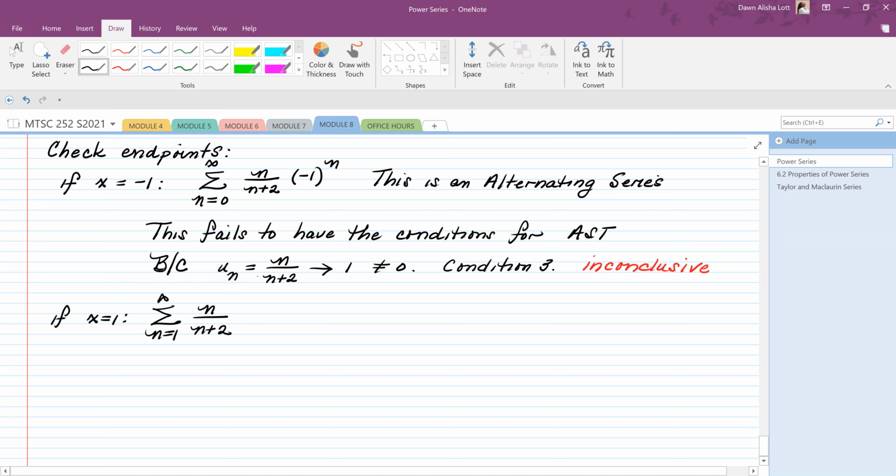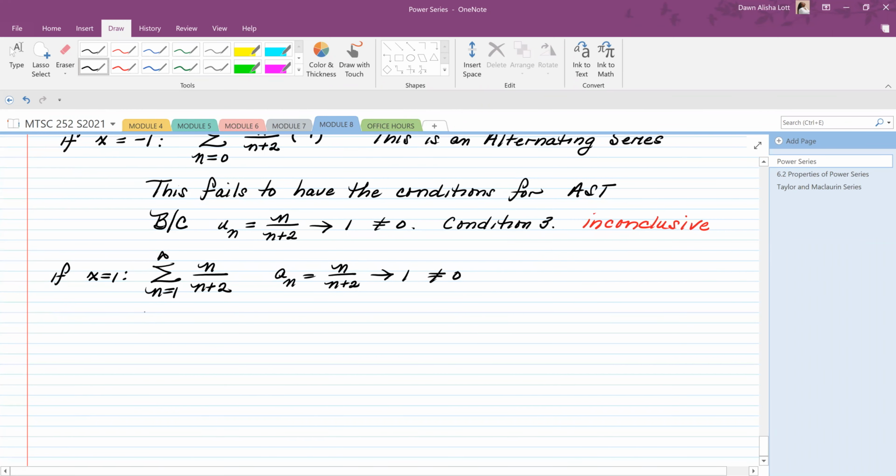And by golly, a sub n is n over n plus 2, and we already said that goes to 1, which is not 0. So by the nth term test of convergence, the series diverges.